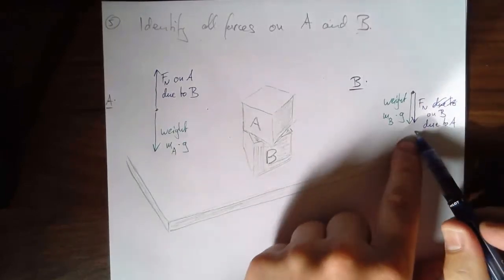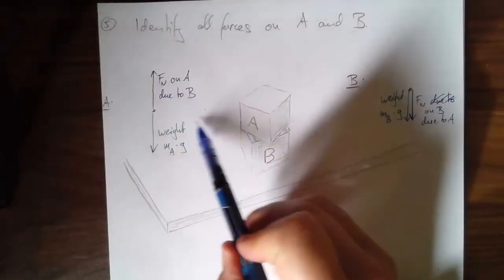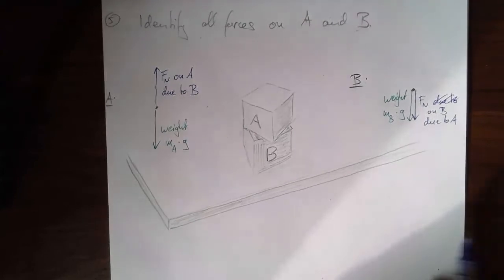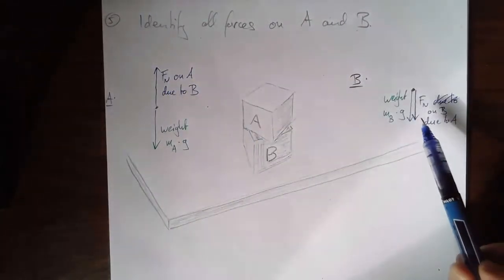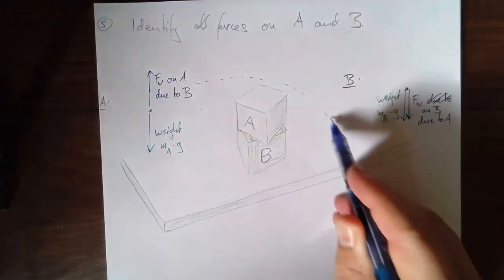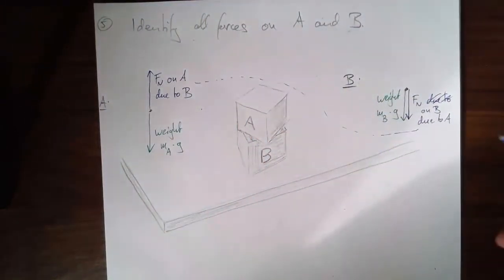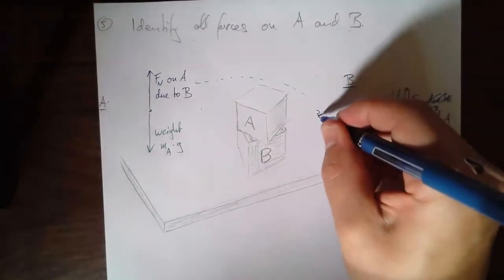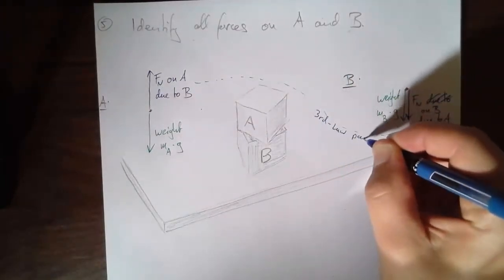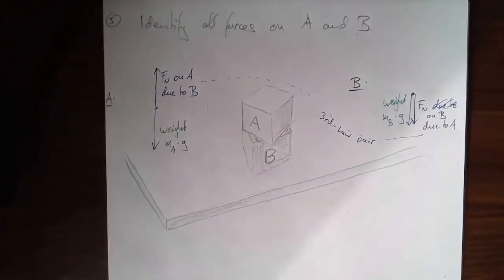And this pushes down because B on A pushes up. So those two are a third law pair, according to Newton's third law. Maybe I'll just connect them up like this and write third law pair. Opposite direction, equal in magnitude.